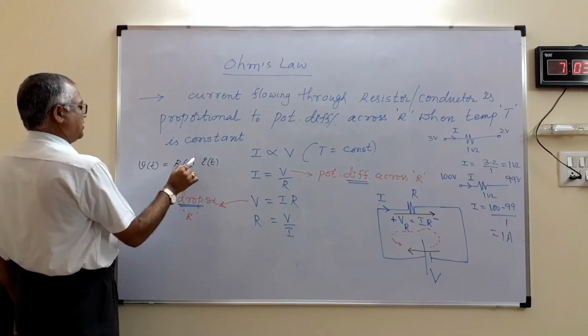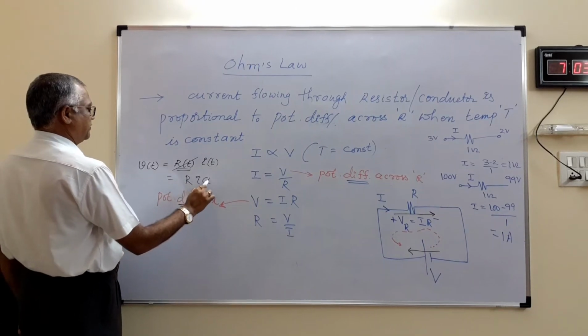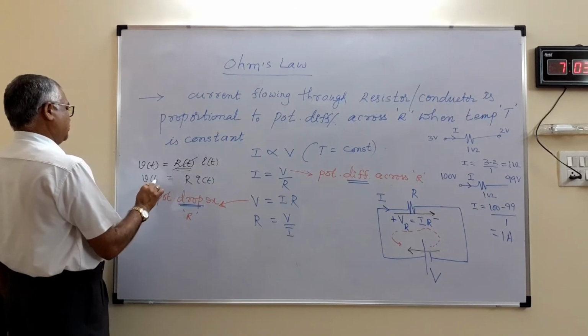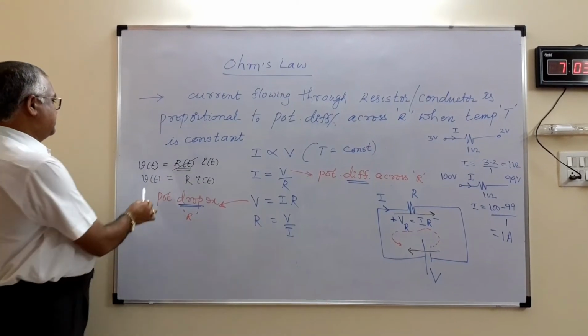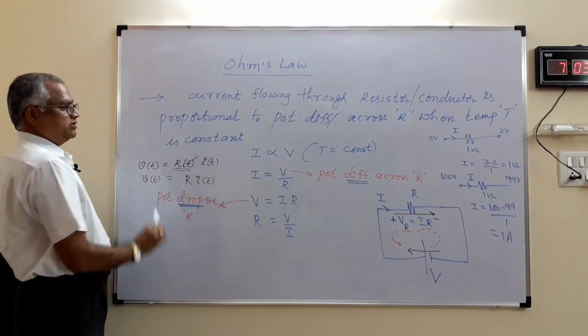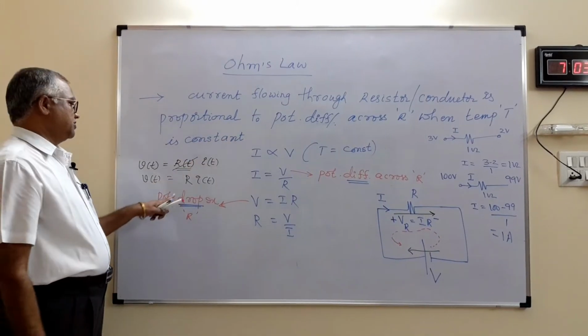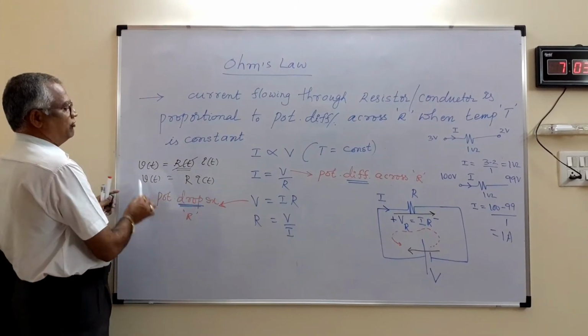If temperature is constant, we simply use R into I of t. So therefore, V of t equal to R into I of t. So this is changing only because of current, not because of resistor, because temperature constant means resistor constant. So this is also a simple form.